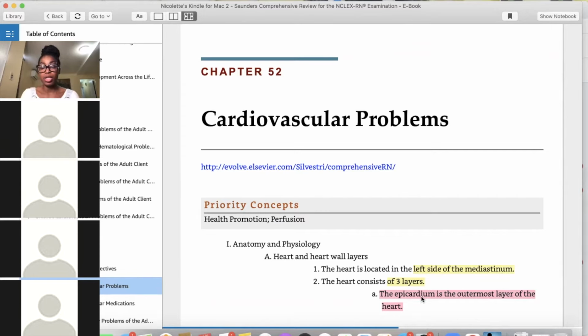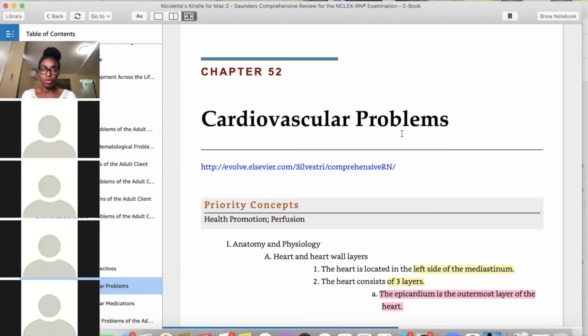So the 3 layers now, the epicardium is the outermost layer of the heart, right? Any time we think about anatomy and physiology, there's layers to everything. There are layers to your skin: epidermis, dermis, subcutaneous, all of that. Every part of your body has those layers too, but they're particular to that organ, and they're named according to that organ, right?